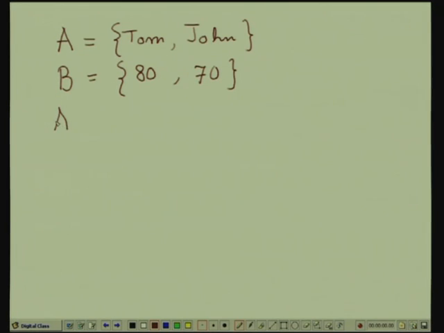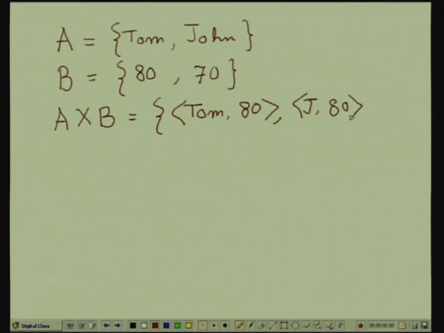Then we can define a set A cross B, which will be all the possible tuples: Tom, one element from this and one element from this, John 80, Tom 70 and John 70.